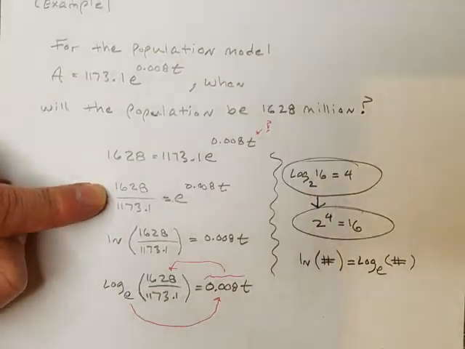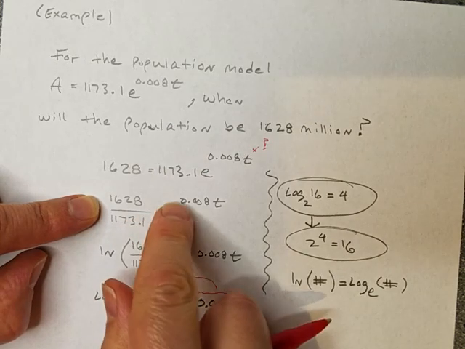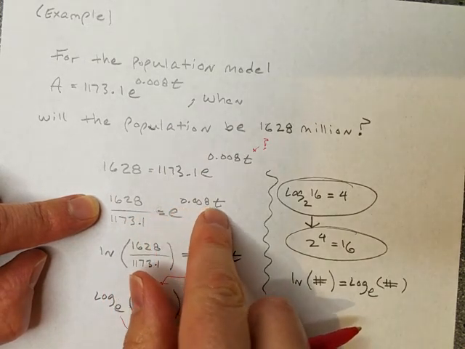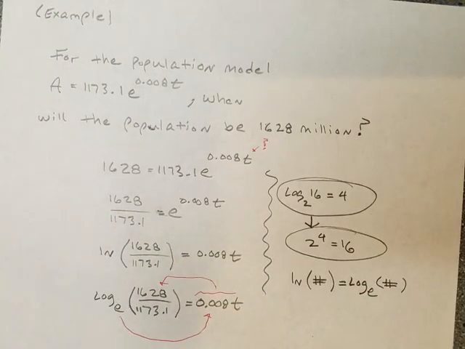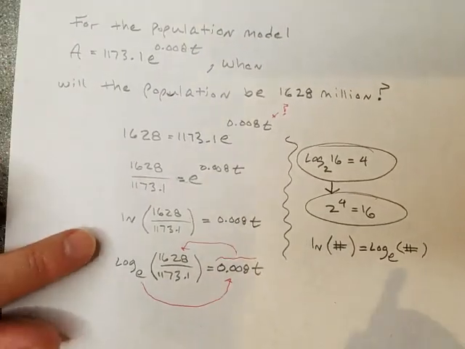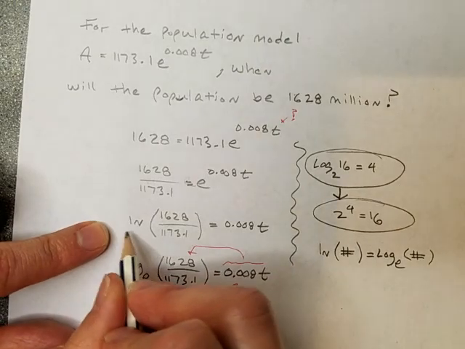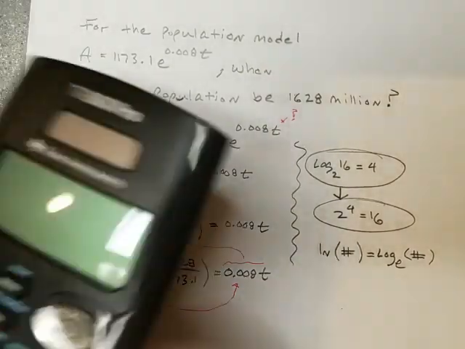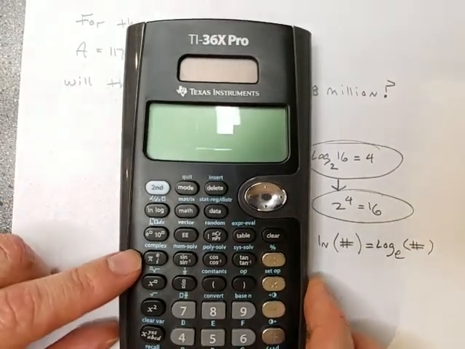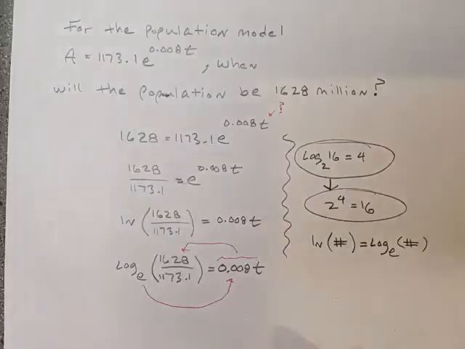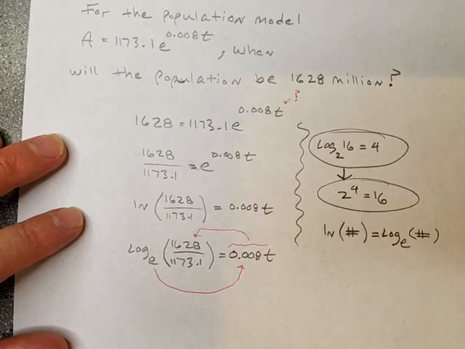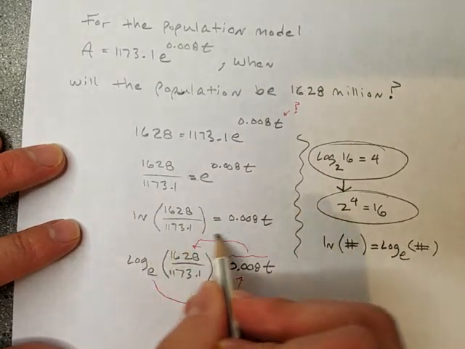And that's where we came from: e to the power 0.008t is equal to 1628 over 1173.1. It's just that log base e has this special name and notation called the natural logarithm. If I needed to do calculations with it, the natural logarithm function is in my calculator and probably yours too. So I'm one step away from my answer.